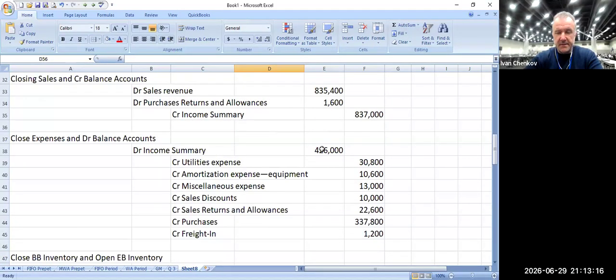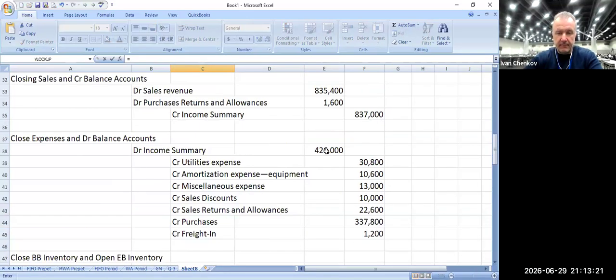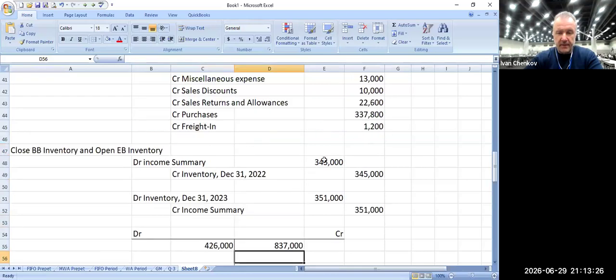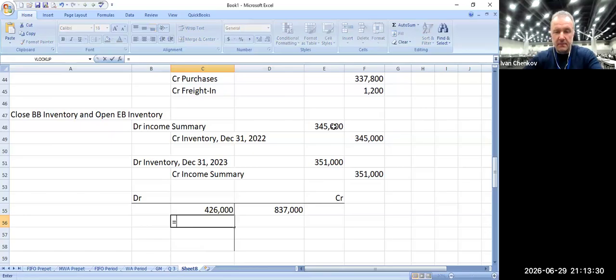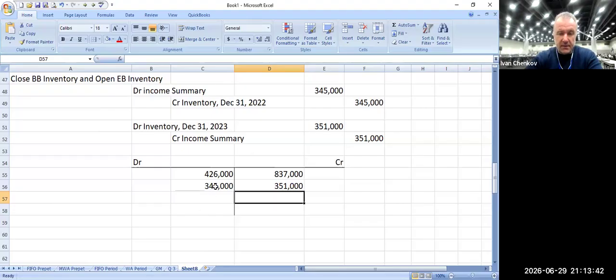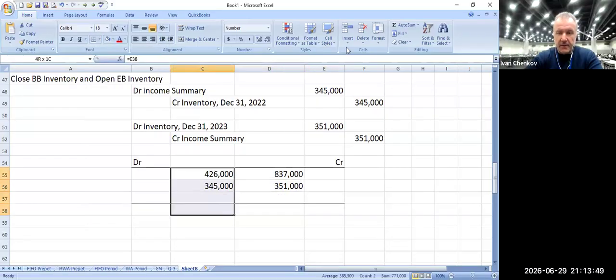From closing the expenses and debit accounts, we have 426. From the inventory, first we have closing the beginning balance, the previous year inventory, and opening the ending balance of the current year inventory, 351. And that's all we have. So now what we have to do, we have to run our totals and see where we are.